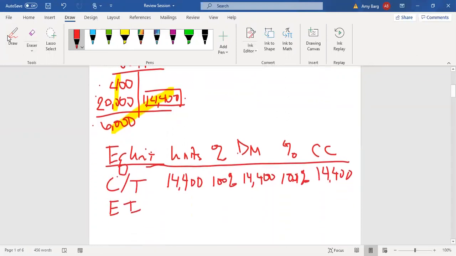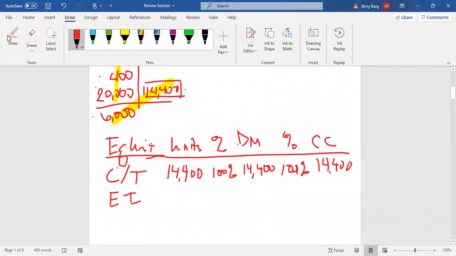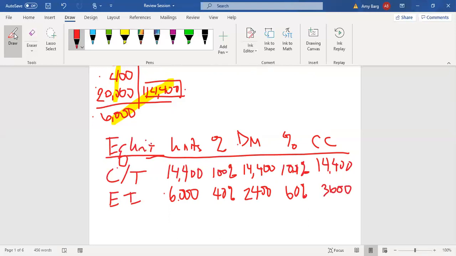And we know that there are 6,000 units. 6,000 units times 40% is 2,400 units. And 6,000 units times 60% is 3,600 units.